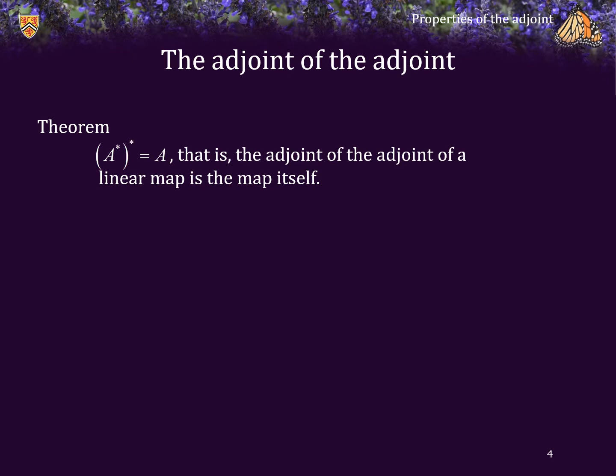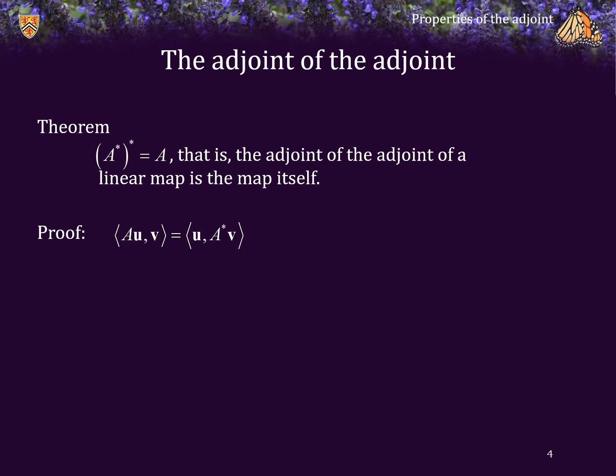Theorem. The adjoint of the adjoint of a linear map is the linear map itself. To prove this, let's just use the definition of the adjoint. Given the matrix A, I can move that matrix to the other side of the inner product by using its adjoint.